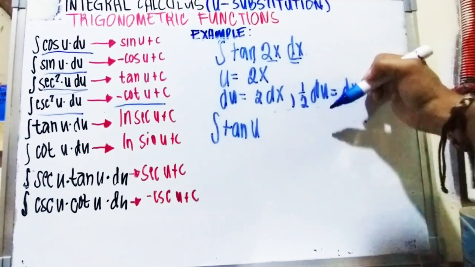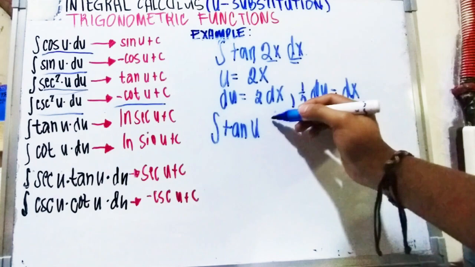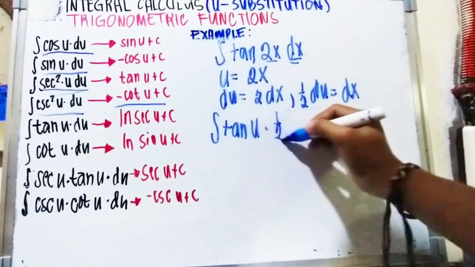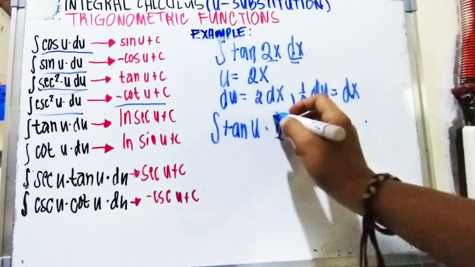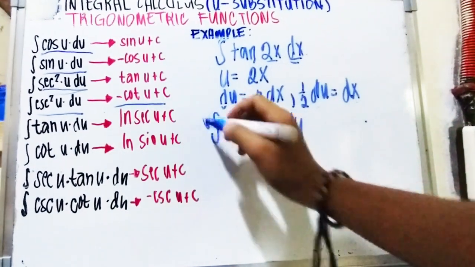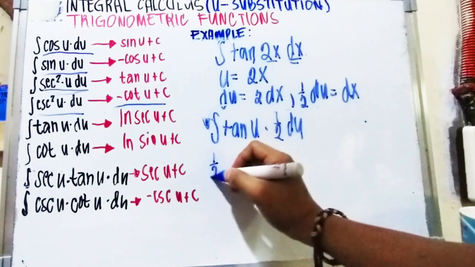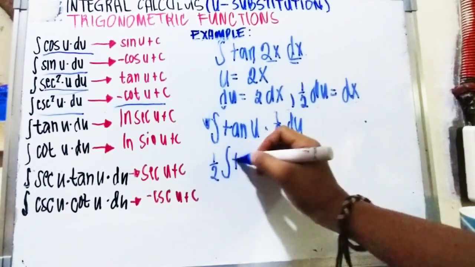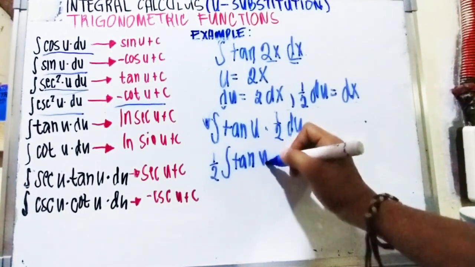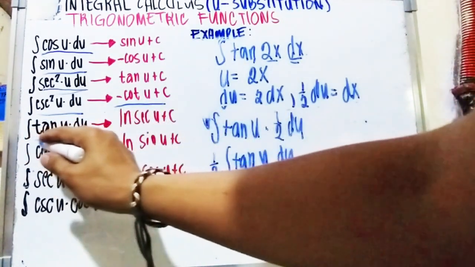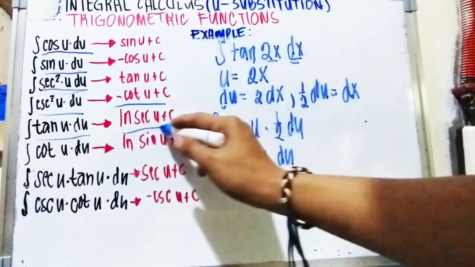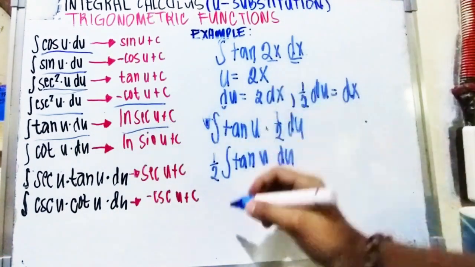Therefore, our dx is equals to 1/2 du. Papalabisin natin yung constant, magiging 1/2 integral of tan u du. Notice that integral of tan u du is ln of sec u plus c.